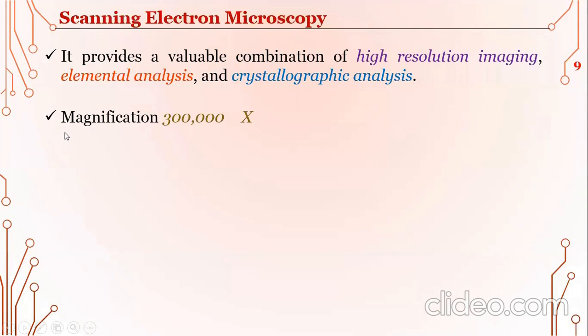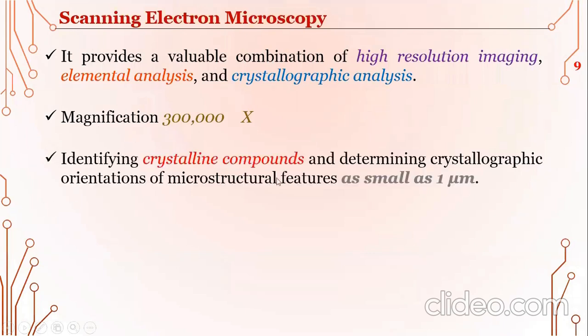Magnification up to 300,000x can be achieved, identifying crystalline compounds and determining crystallographic orientation of microstructure features as small as 1 micrometer. This is important for all those working with X-ray crystallography, where we make crystalline structures of proteins to visualize the structure of proteins.